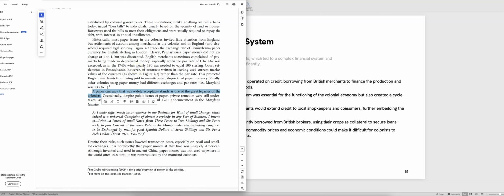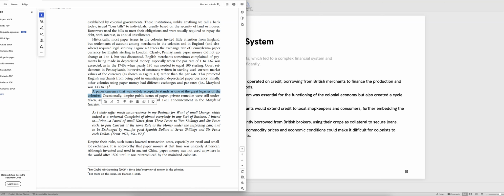Absolutely 100% agree with the textbook on this, that a paper currency was one of the great legacies of the colonists. I mean, it's now the worldwide standard that countries do not rely on bullion and a commodity currency, but rather rely on a fiat currency.